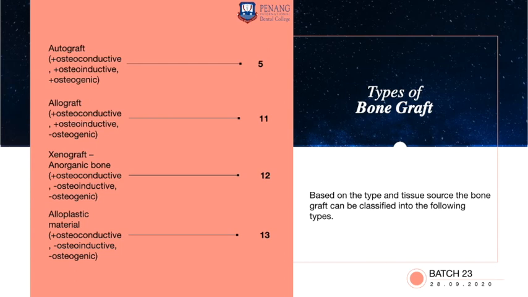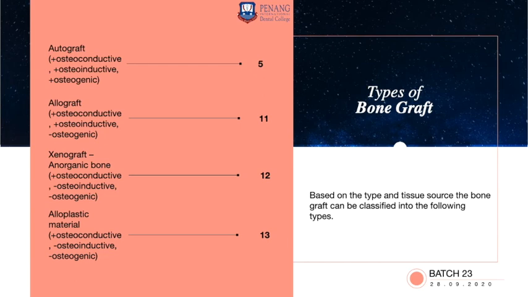These materials don't have the property of osteogenesis. They will not induce osteoblast formation, but they have the ability of osteoinduction and osteoconduction. They can attract the osteoblast and act as a scaffold in the place of regeneration, so that the osteoblast can come, repopulate and regenerate the site.